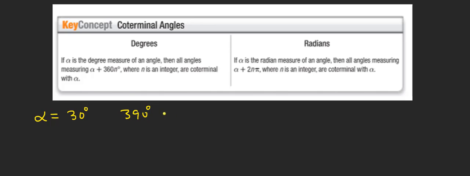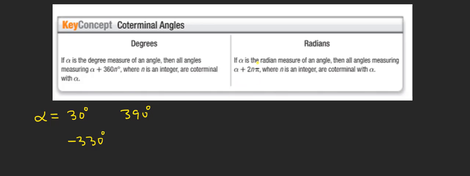You could add 360 again. And also you could subtract 360. So 30 minus 360 is going to be negative 330. So negative 330 is another coterminal angle with 30. And you could keep subtracting 360. So you have an infinite number of coterminal angles with alpha.